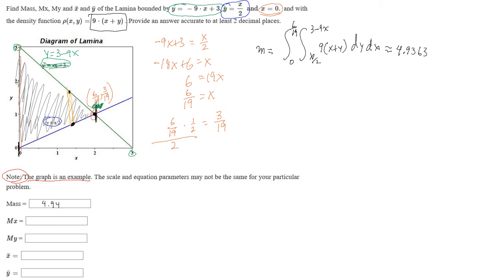So then we'll do these in order. The moment, that's capital M, about the x-axis. Now that's going to be the exact same integral.